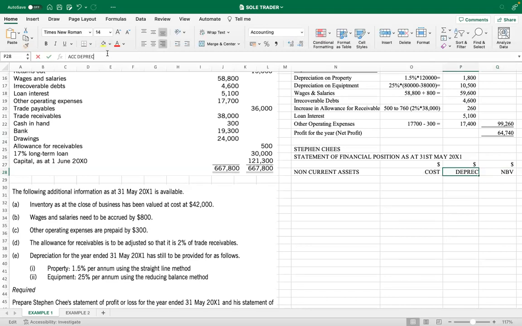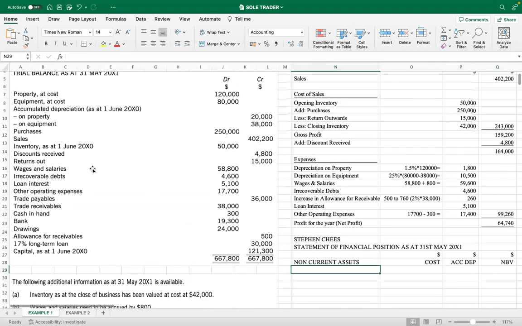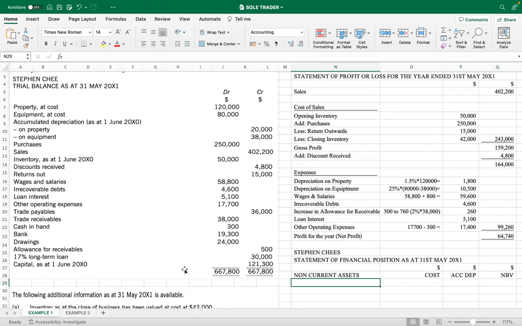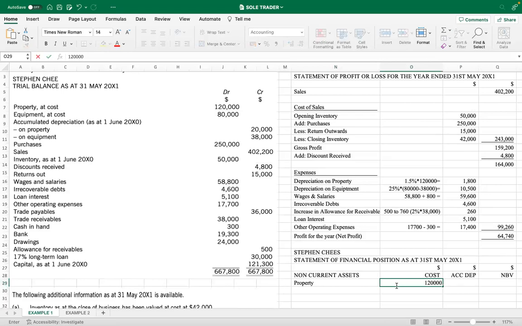So we pick the cost minus accumulated depreciation to give you the net book value. So in this case, we'll start with property. Now, what's our property at cost? 120,000.